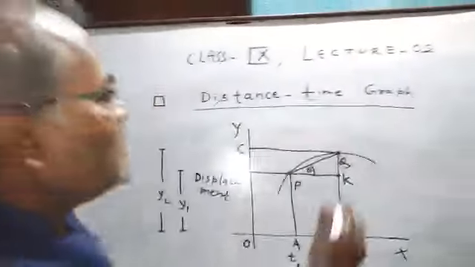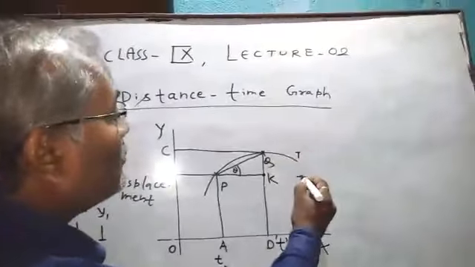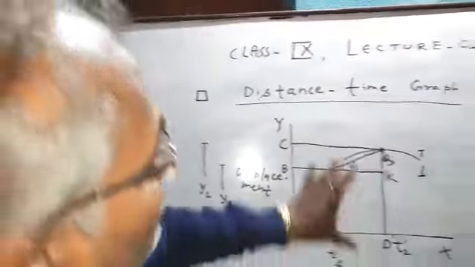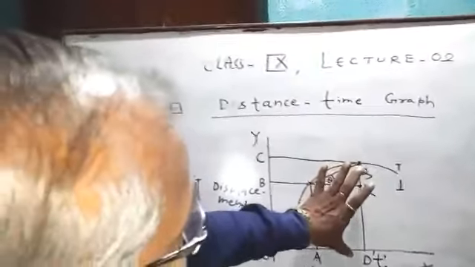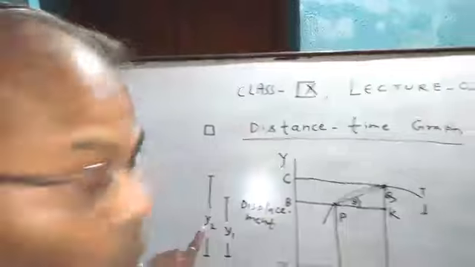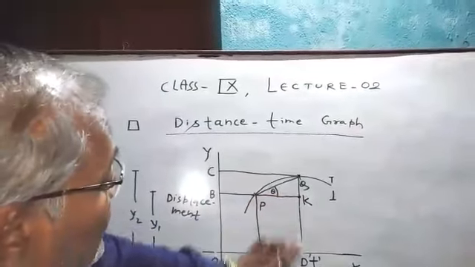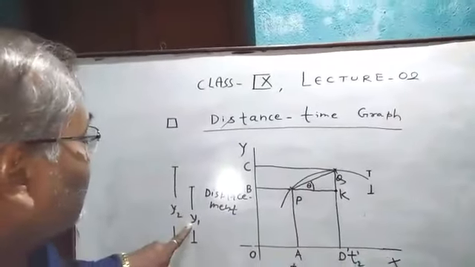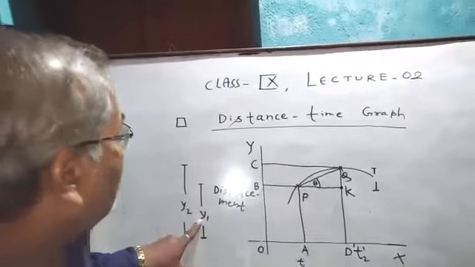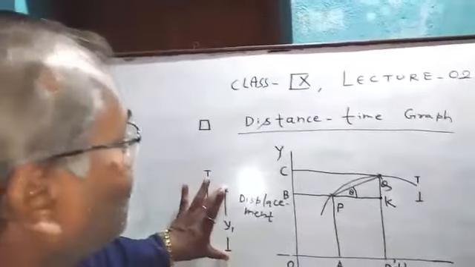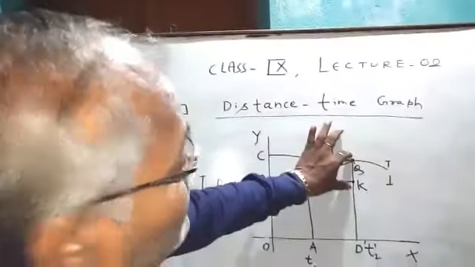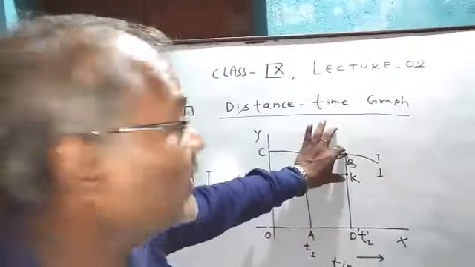What would be the length of QK? We have QD as y2 and KD as y1, so y2 minus y1 represents the length of QK.